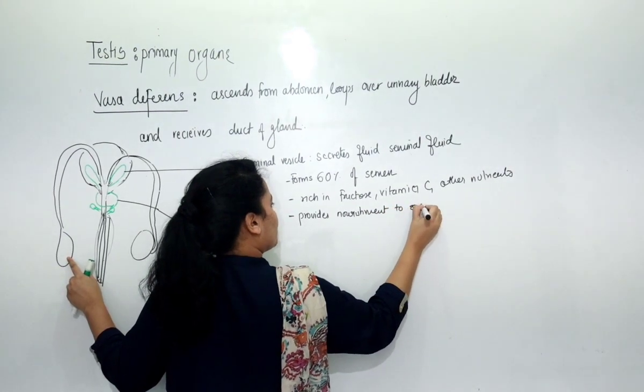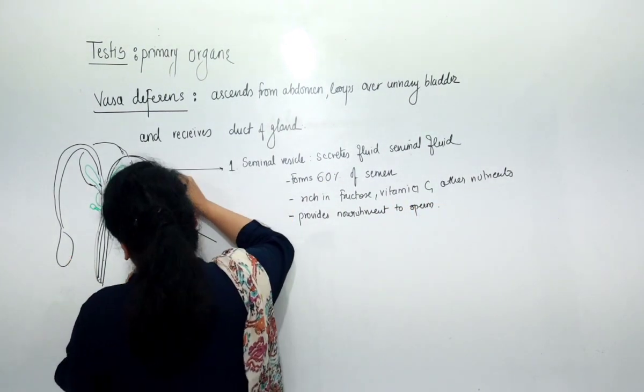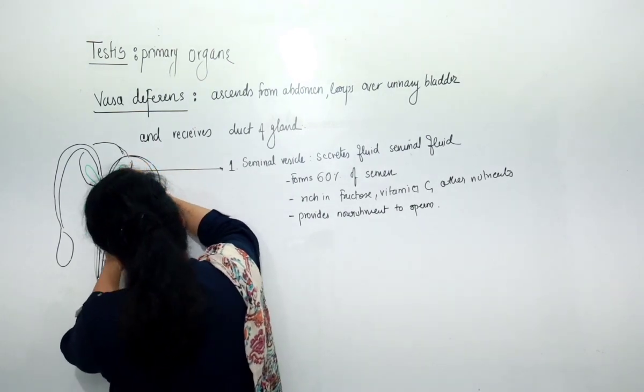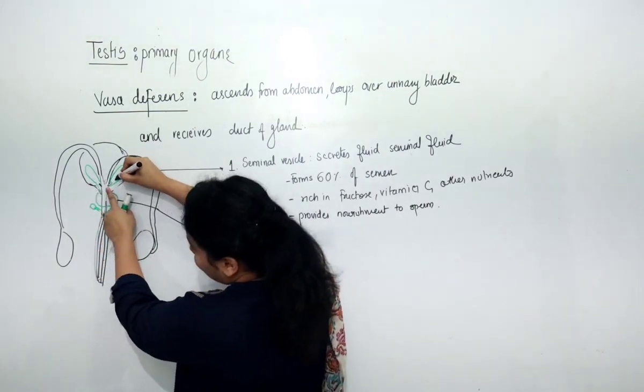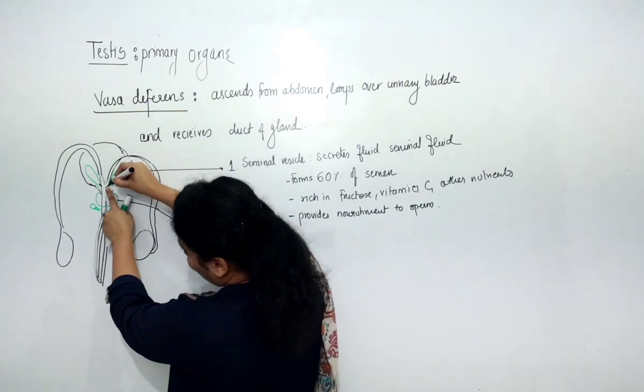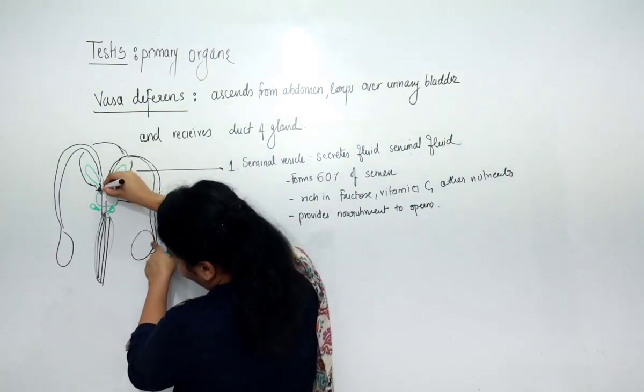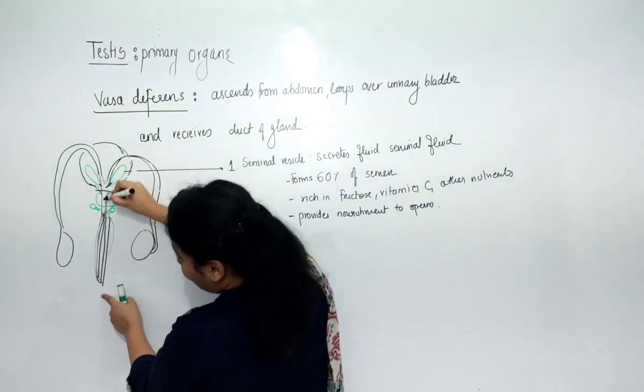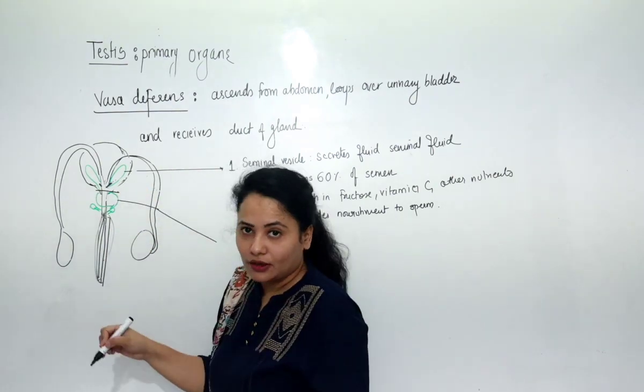Now as this vas deferens comes over here and the seminal vesicles open over here, after this the duct is known as the ejaculatory duct.